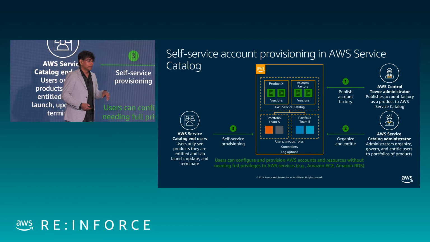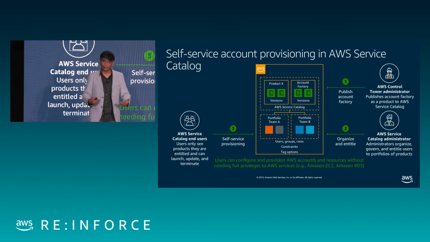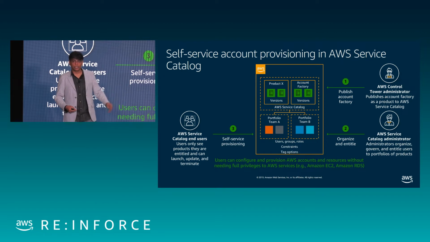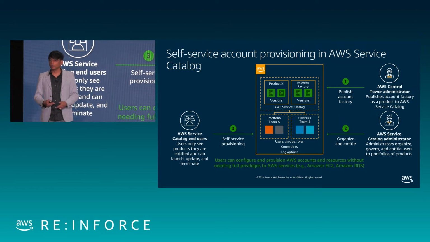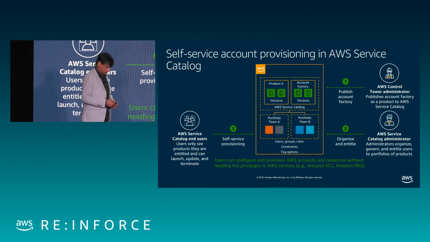And that's important because that determines the guardrails that are going to be inherited by the account automatically, right? And the baselines defined in account factory are automatically applied to the account. And then once inside an account, the end users are going to have additional access to additional products your Service Catalog administrator may have packaged and made available to them.